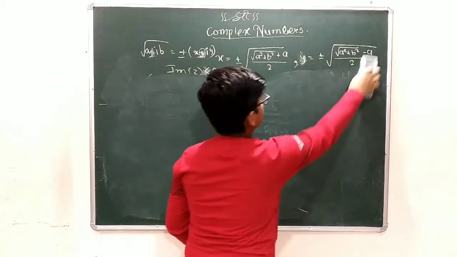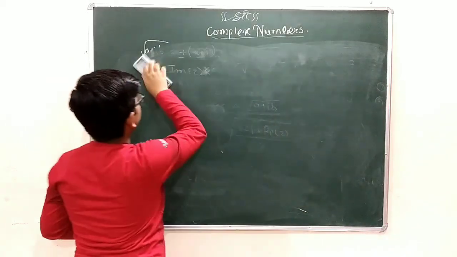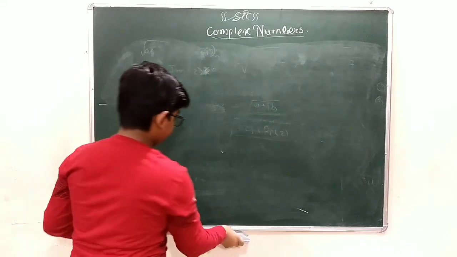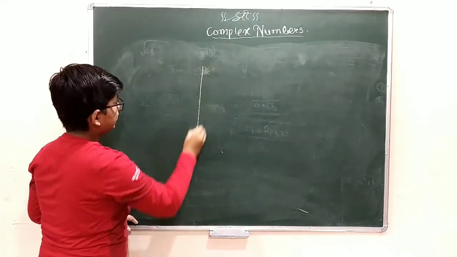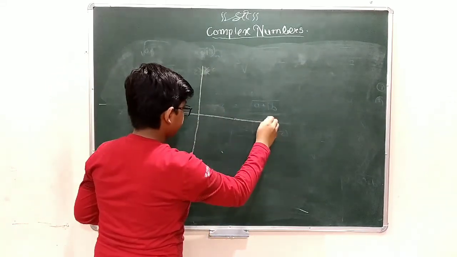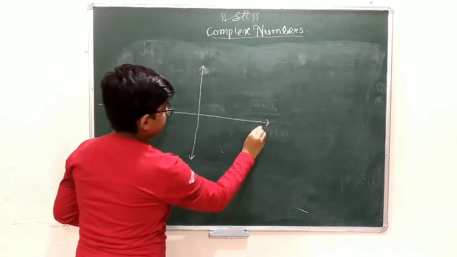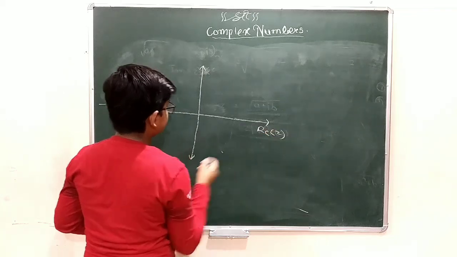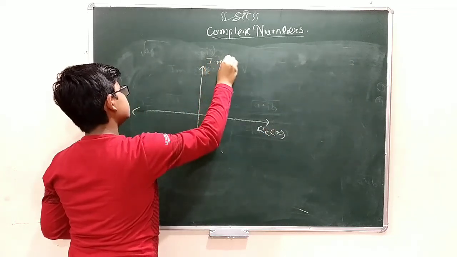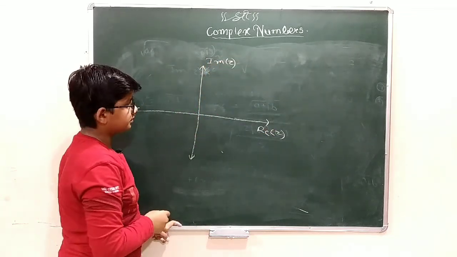Now we will go to our next topic, which is the trigonometric form or the polar form of the complex number. Now suppose I take that same Argand plane or the complex plane. This is the real axis, this is the imaginary axis.